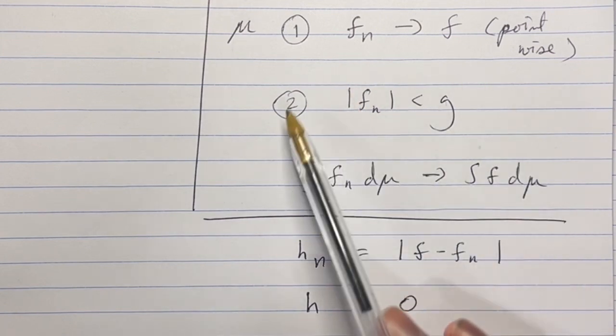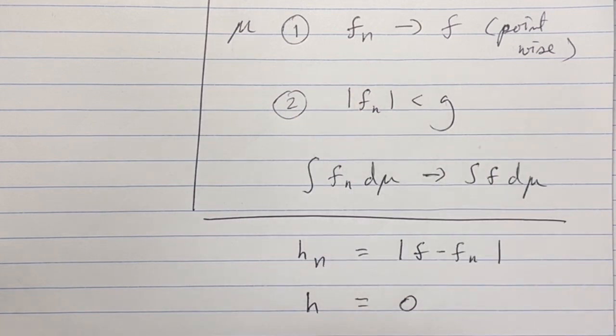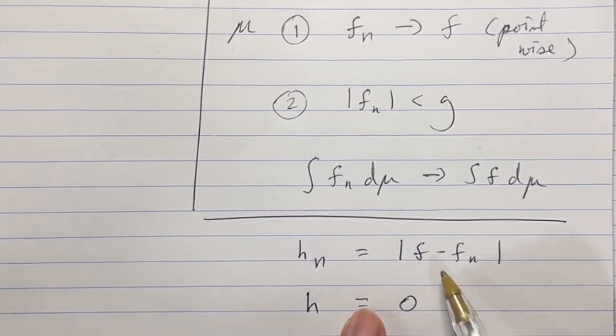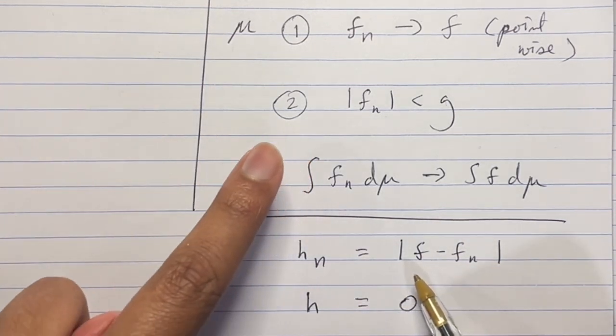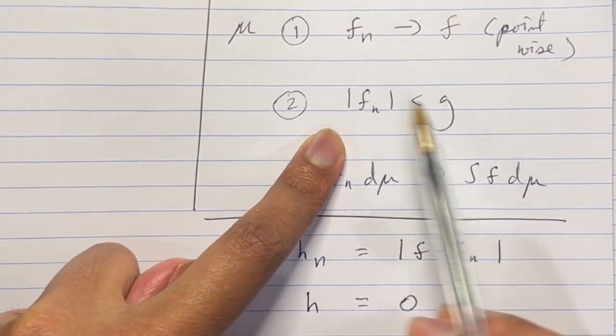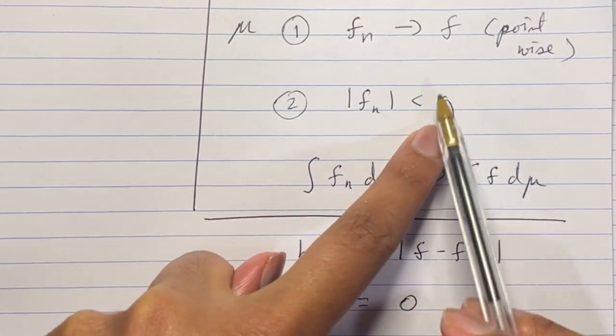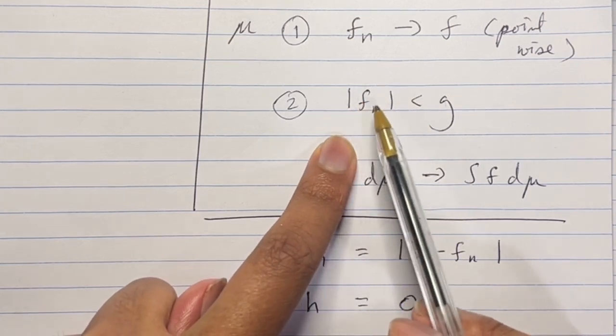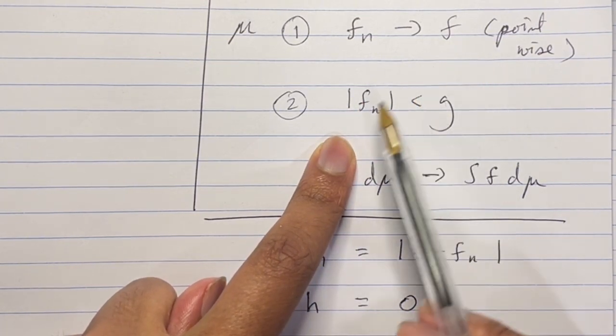Okay, now we want the second property, that these h_n's are bounded. That turns out to be also pretty straightforward. We have that from this convergence by taking limits on both sides. Well, g is fixed, it doesn't depend on n, but f_n tends to f.